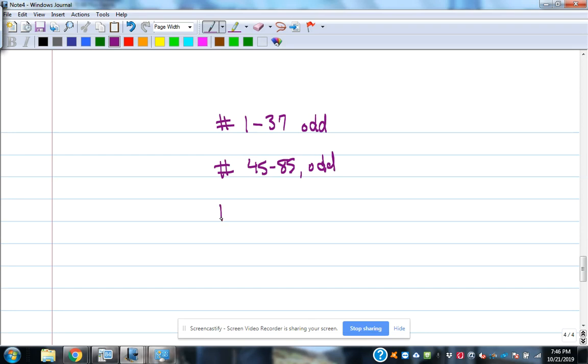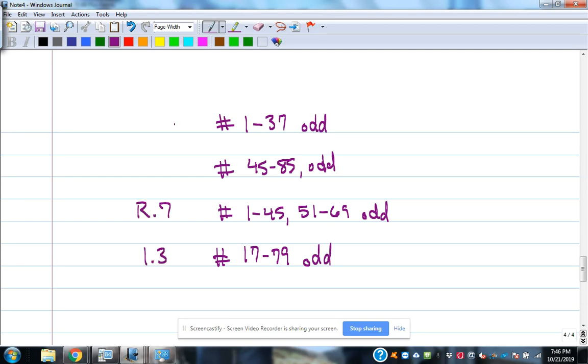And then 1 through 45, 51 through, and then this is 1-3, this is R.7, this was R.4, and this was R.3. Those are your suggested problems.